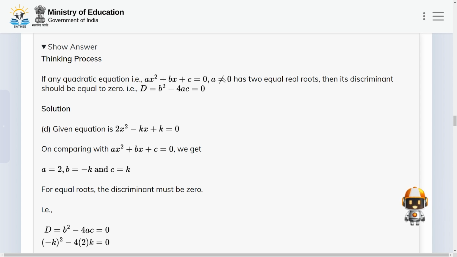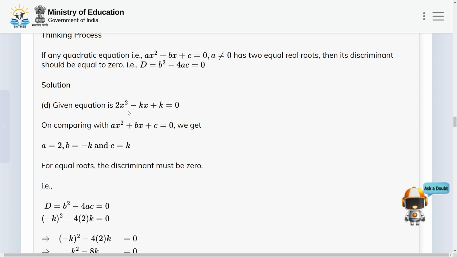So discriminant D = b² − 4ac = 0. Comparing with ax² + bx + c = 0, we get a is 2, b is −k, and c is k.